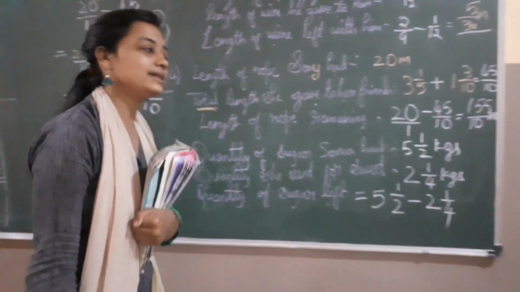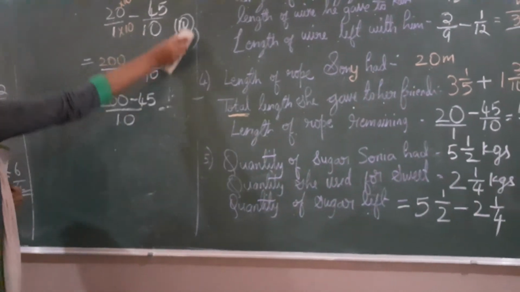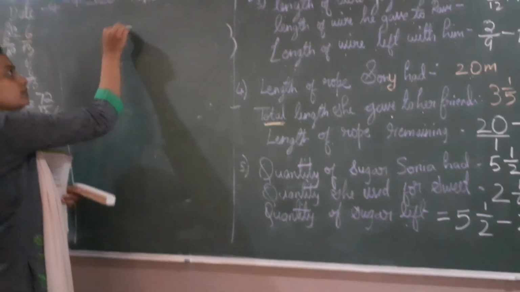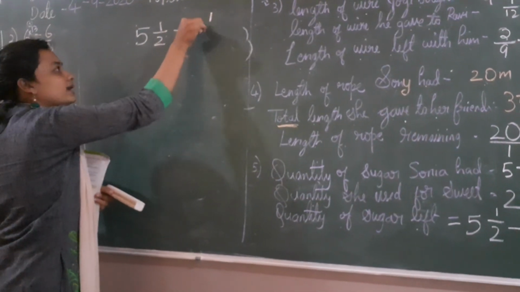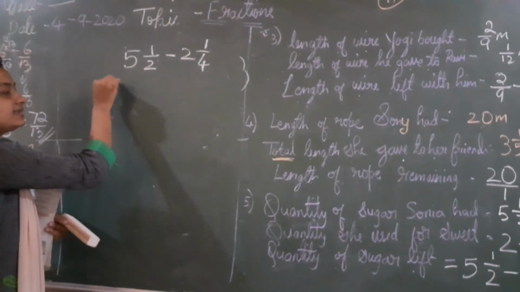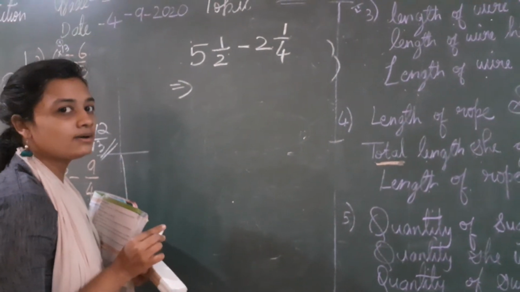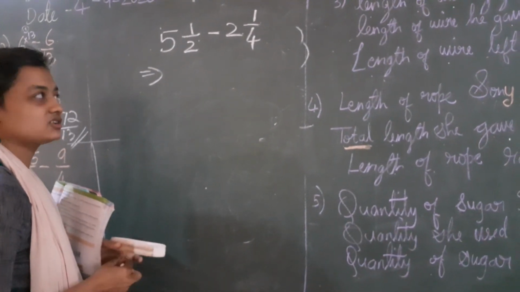So let us subtract in the working column. Take the mixed fraction. So what should I do now? I should convert it into an improper fraction.